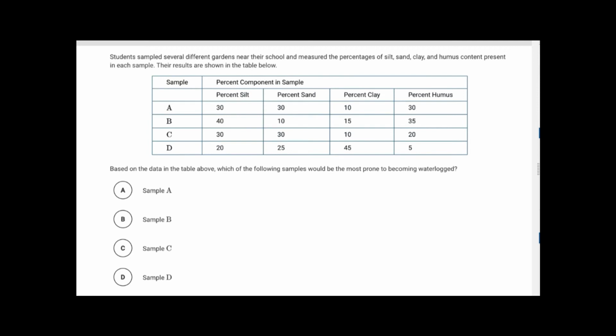These are 4 different soil samples, showing the percent silt, sand, clay, and humus. They're separating out humus too, so there are 4 types instead of just the sand, silt, clay we saw in the triangle.